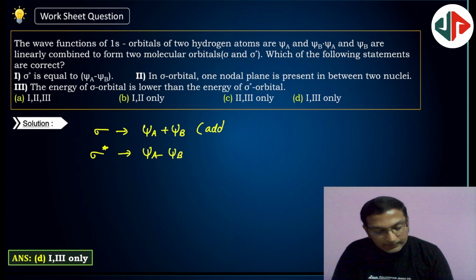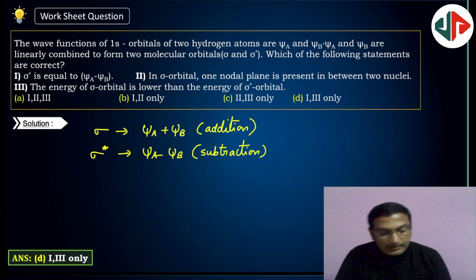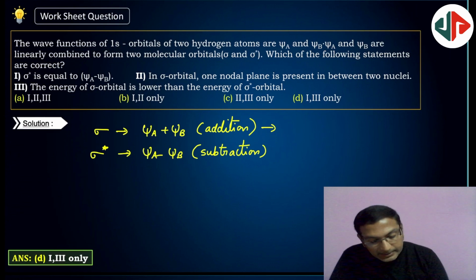So this is addition overlapping, subtraction overlapping. So these two are molecular orbitals. The molecular orbital which will be formed by addition or constructive overlapping of atomic orbitals is bonding molecular orbital, and this will be anti-bonding molecular orbital.